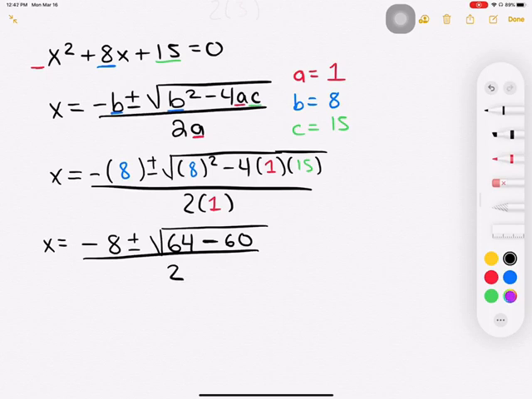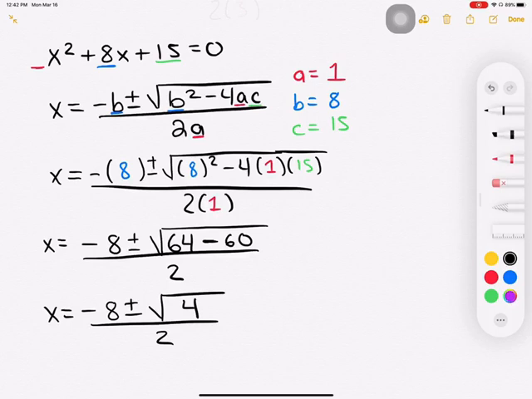So at this point, the next thing as in PEMDAS is to simplify the expression inside the root. So before we start taking square roots or anything, I have to add or subtract those two numbers depending on the sign that's in between. In this case, we have to do a subtraction, right? So that's 64 minus 60, and the result is going to be 4. And don't forget you're dividing by 2.